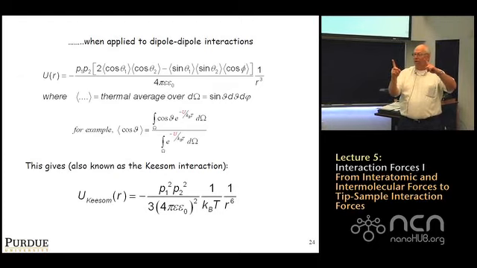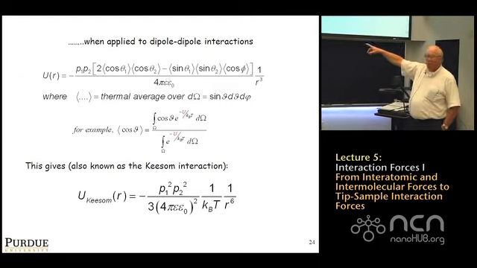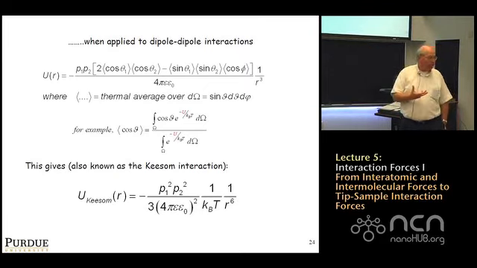It's completely different. It's got a 1 over r to the 6th, it's got a 1 over kT, and then it's got factors in front that are related to the electrostatics of the problem. Keesom solved this problem back in the early 1900s, doing this thermal averaging. And this is the interaction energy he got for two permanent dipoles that can fluctuate due to thermal energies.